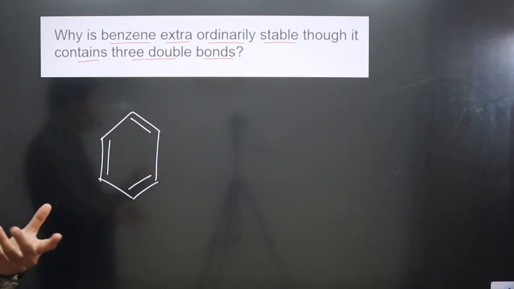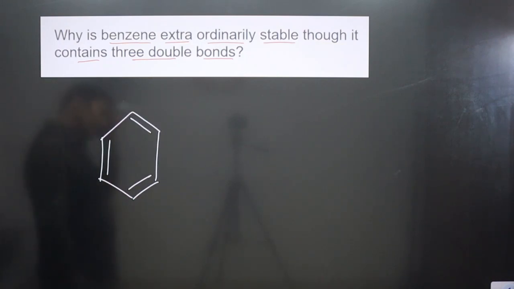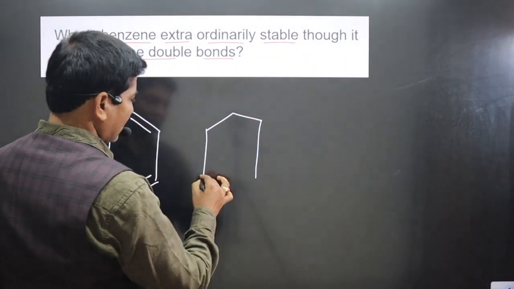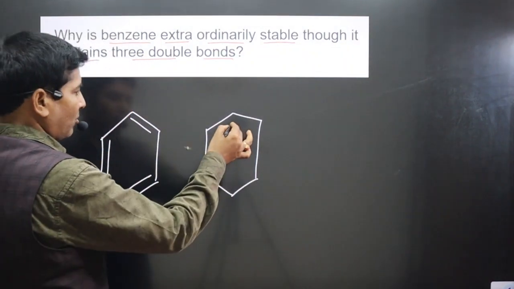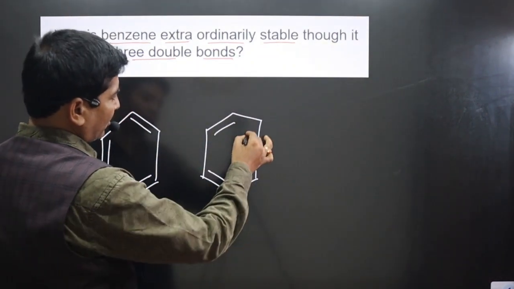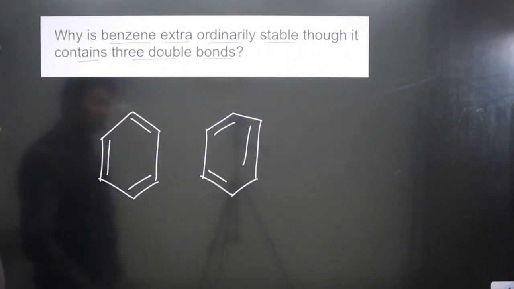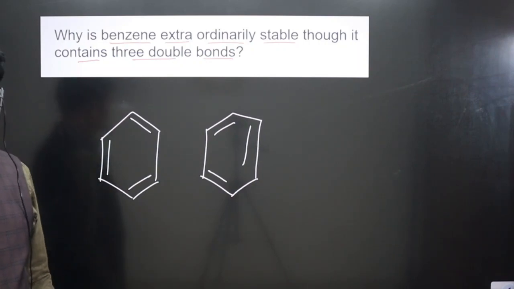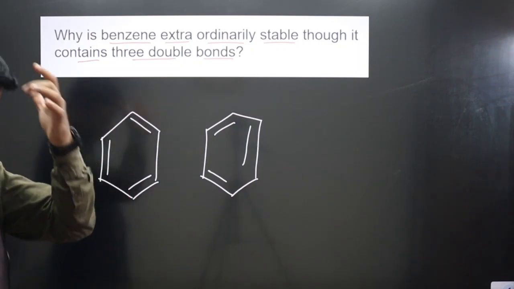And you might have learned about the resonating structure. Okay, so one structure we get something like this, resonance. So double bond will come here, double bond will come here, double bond will come here. Okay, so this form can be converted into this form via the resonance. You might be knowing about this, we don't need to discuss about the resonance.